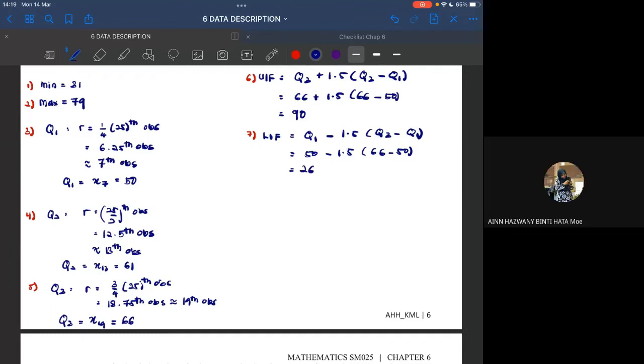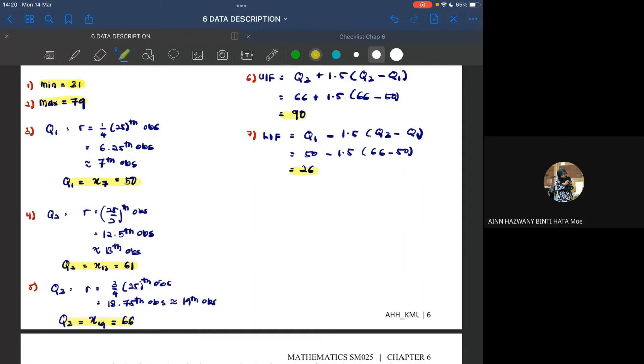So now, apa yang kita perlukan tadi ialah minimum 31, maximum 79, 50, 61, 66, 90, 26. 7 benda yang kita perlukan.